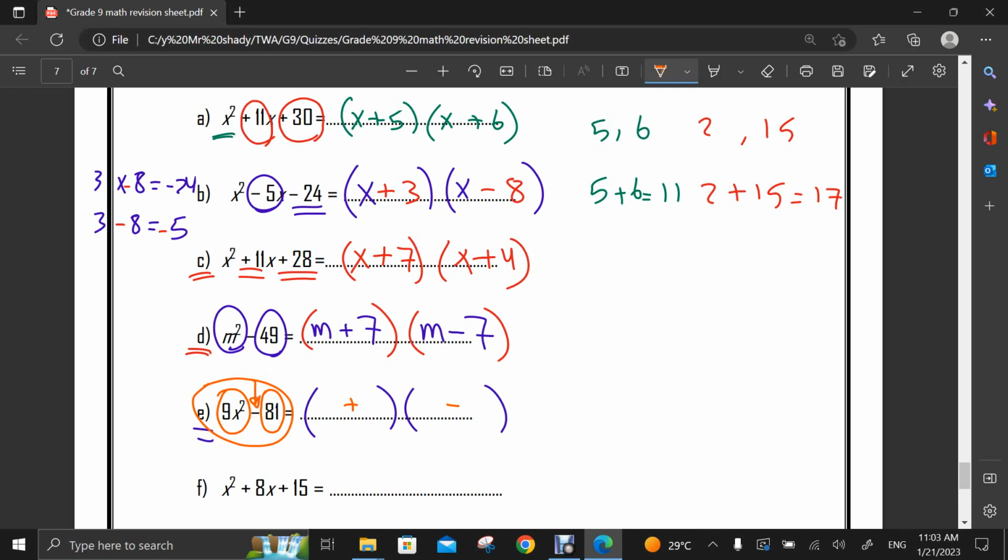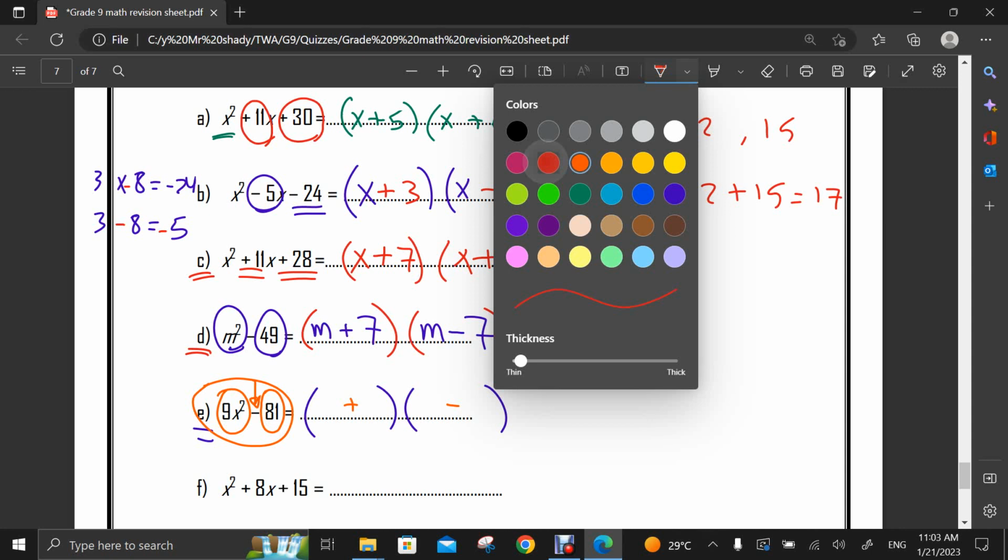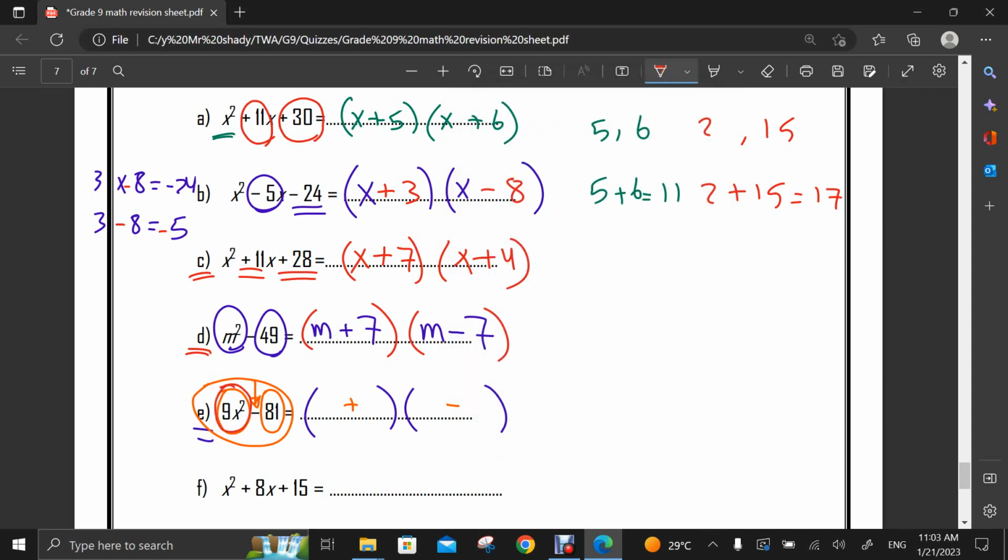So it's called the difference between two squares. So how to solve it? Again, you find the square root of the first term, which is 9x squared. It is 3x. So I write 3x here, 3x here, and the square root of the second term, 81, will be 9 and 9.